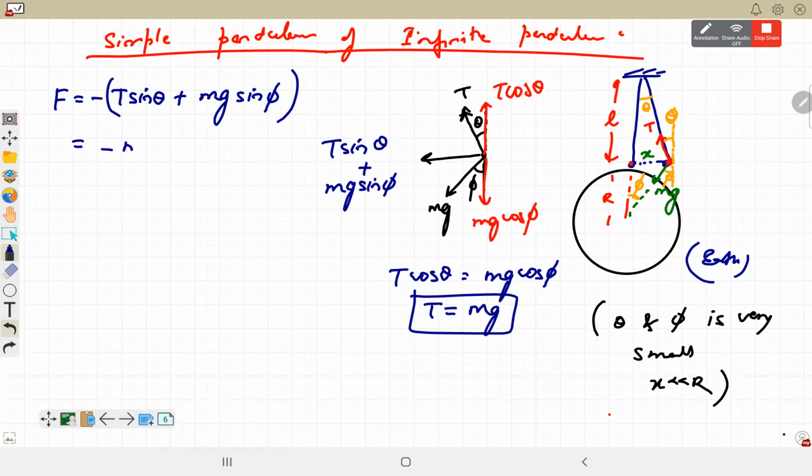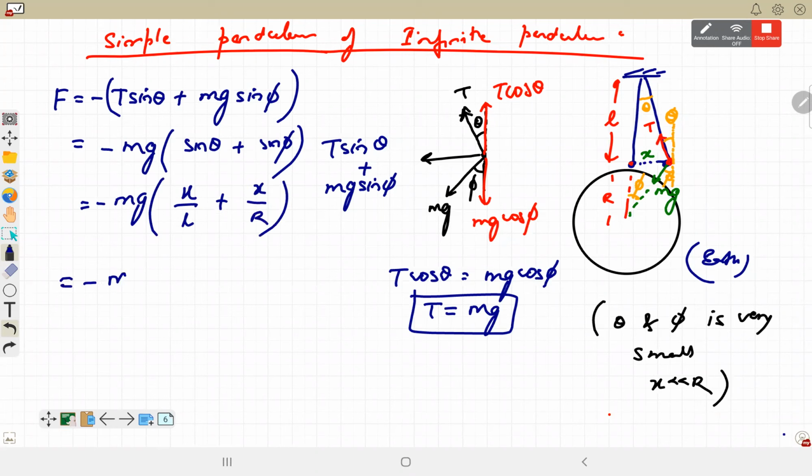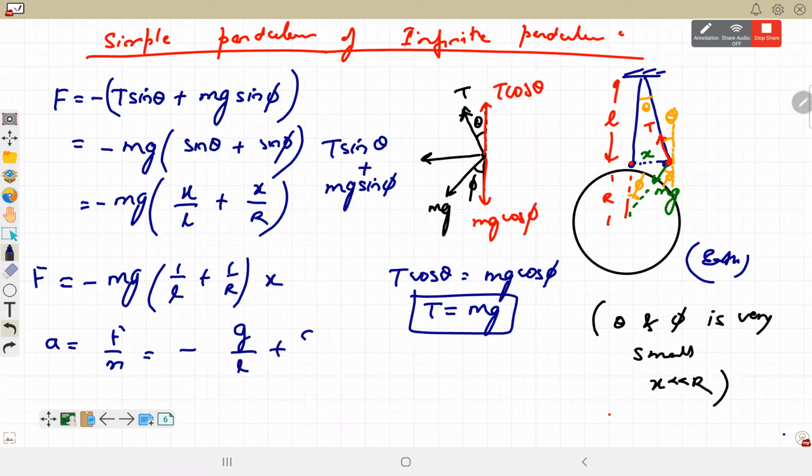T is equal to mg, so taking mg common, we get sine theta plus sine phi. Sine theta becomes x by L and sine phi is x by R, so the force is minus mg times (1 upon L plus 1 upon R) times x. Again, if we calculate acceleration from here, acceleration will become minus (g by L plus g by R) times x.